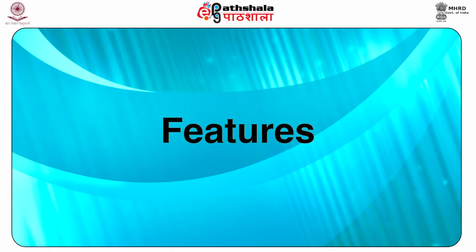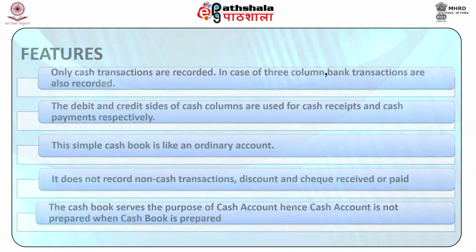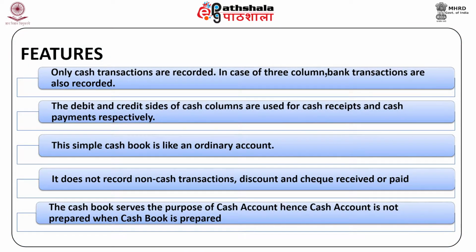Now we can discuss some of its features. Only cash transactions are recorded. In case of 3-column, bank transactions are also recorded. The debit and credit sides of cash columns are used for cash receipts and cash payments respectively. The simple cash book is like an ordinary account.